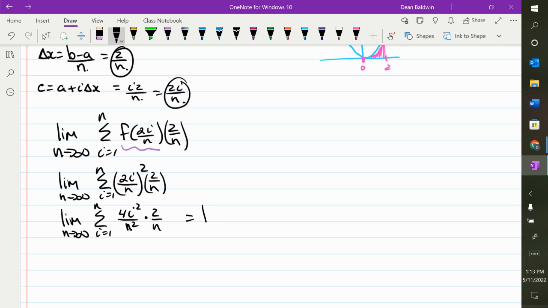So we can actually clean that up: 8i squared over n cubed.